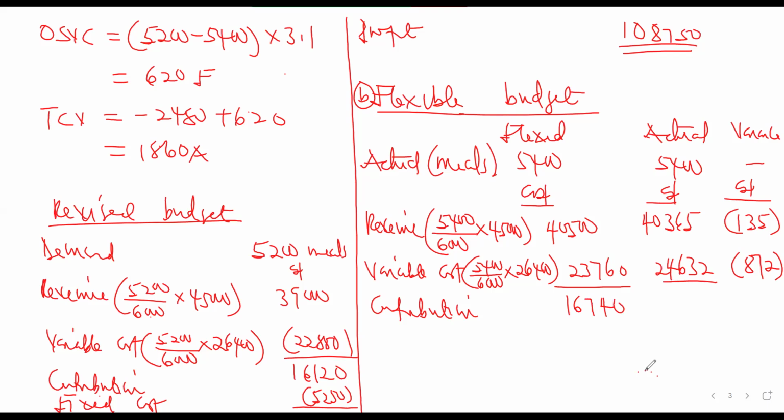Then 135 plus 872. The actual contribution is 15,733. What is going to be the total? I'm having 1,007.